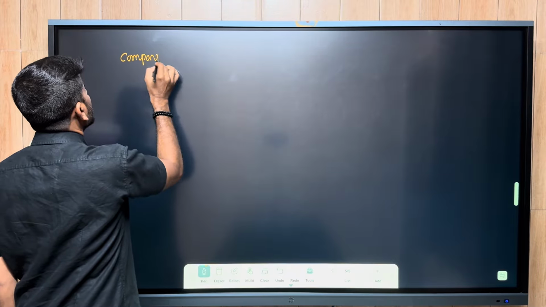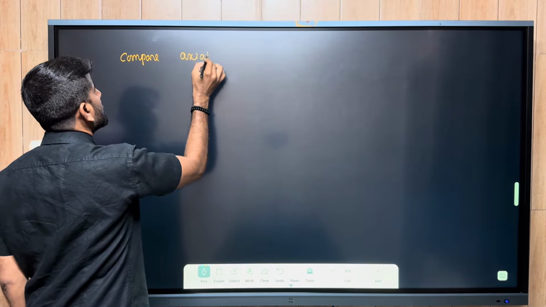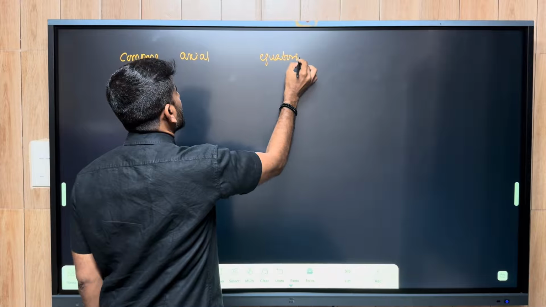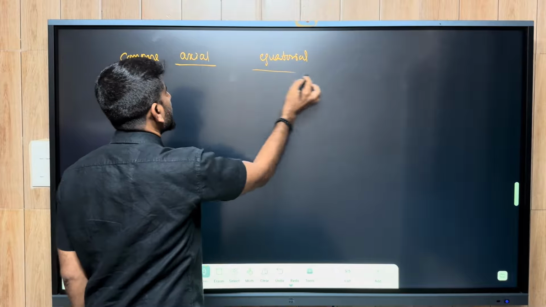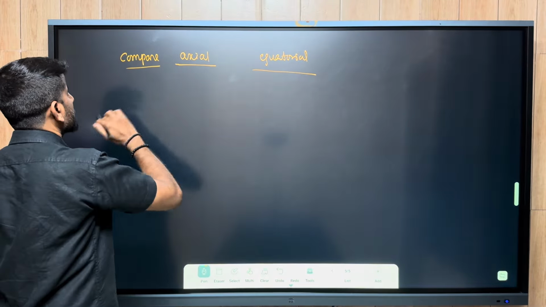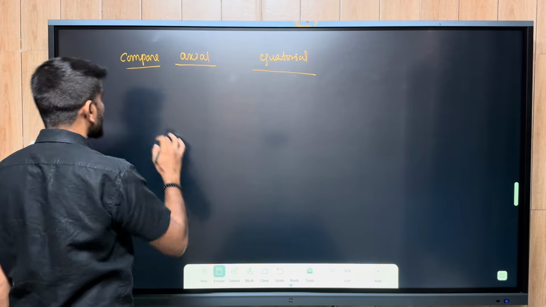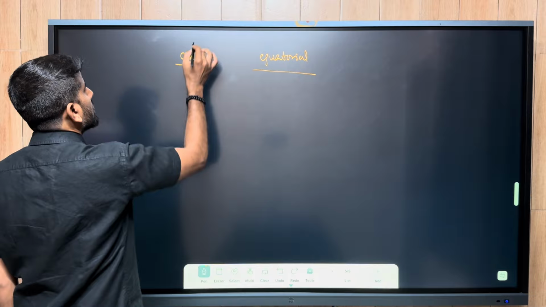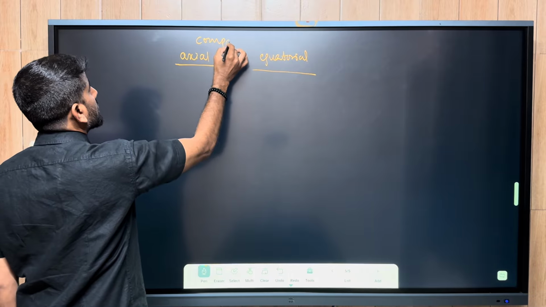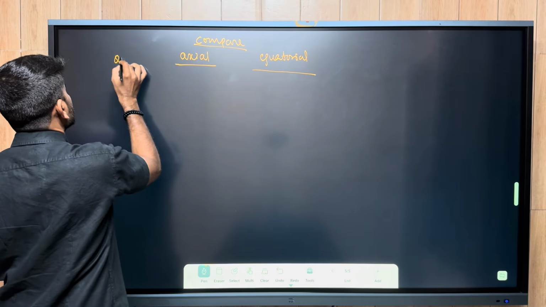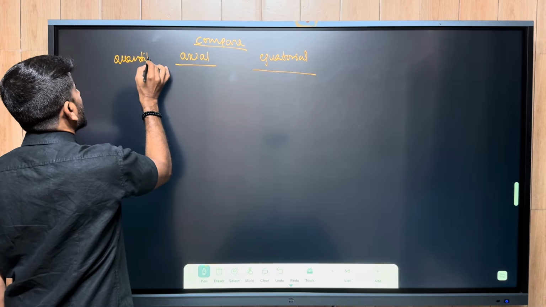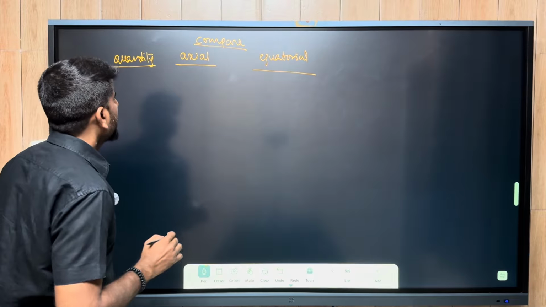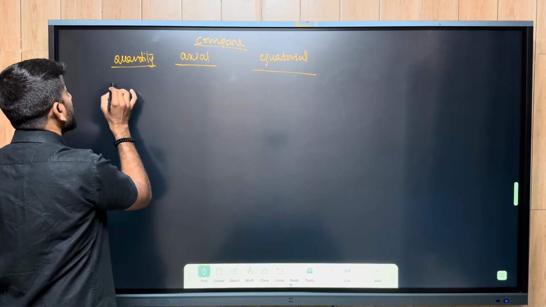Compare axial and equatorial. Compare quantity. Okay, compare, I'm taking it as heading. Now quantity, I'm taking axial line.